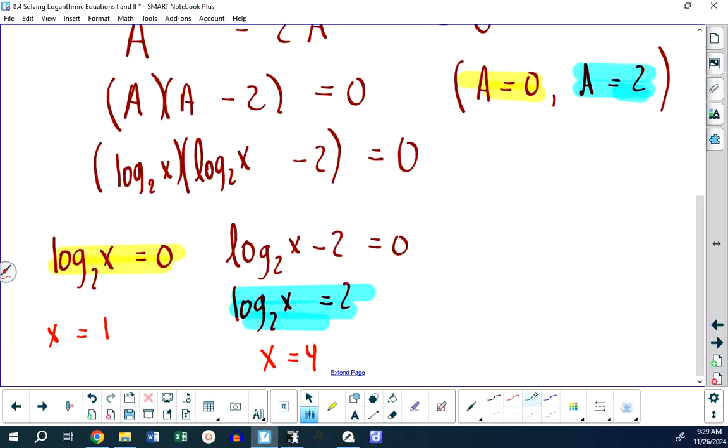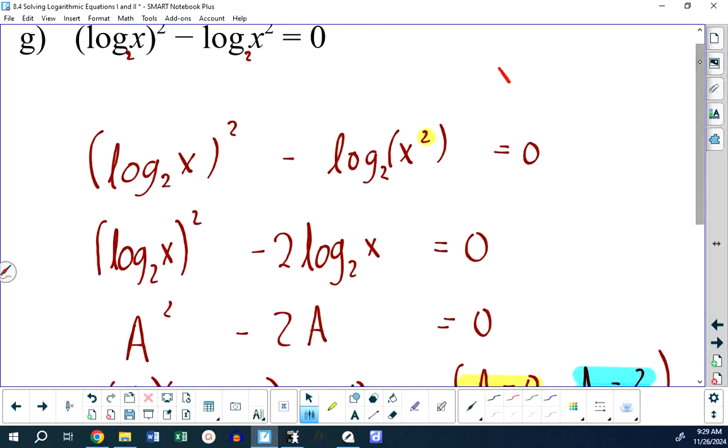And if you look back at the original equation, the argument was x, wasn't it? That's the only argument there was. Well, x and x squared. But both of these are positive numbers, so you'd be taking the logarithms of positives. If you wanted a domain here, your domain would be x is greater than 0.